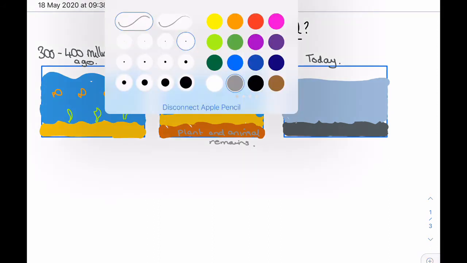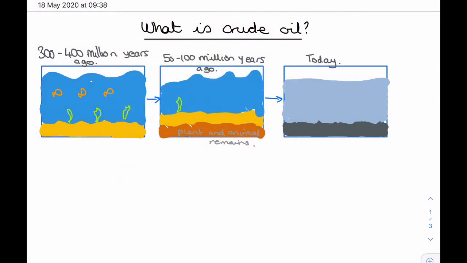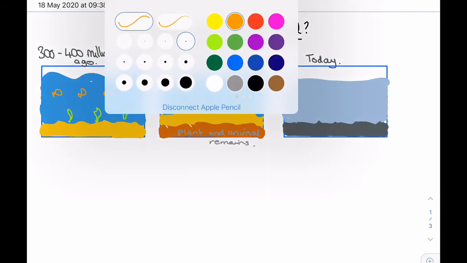You've now got new plants and animals above at sea level because it's ever-going, moving life. So we've got our fish still, and we've got our little plants and animals now in the sea. And what's happening is this sand and silt is giving it pressure.